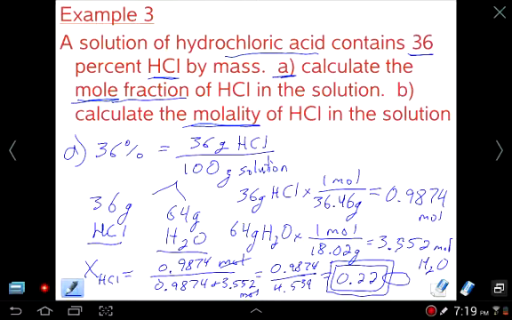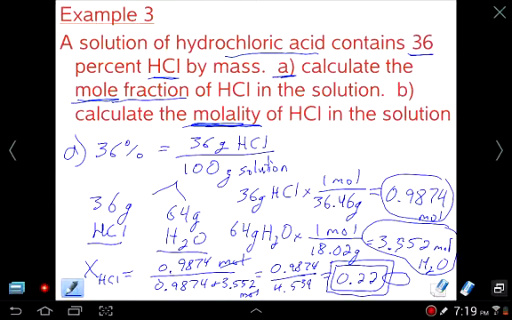So now, why don't we go into molality? To calculate molality, let's retain these two values, 0.9874 and 3.552. Recall that molality is moles of solute divided by kilograms of solvent.